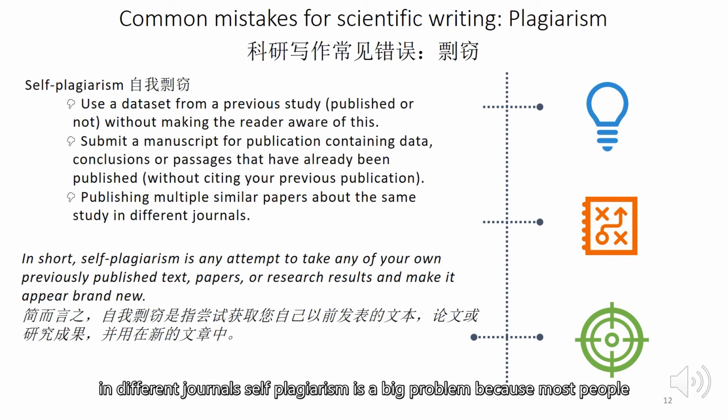Self-plagiarism is a big problem because most people aren't aware of it. Most people don't know that if you've, for example, published a figure or a bunch of text or some data in a previous paper, you actually have to cite yourself when you republish that information.